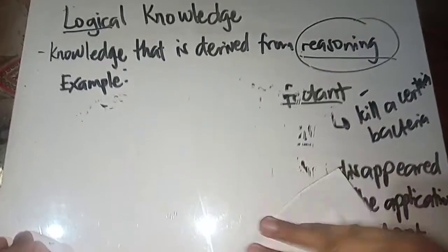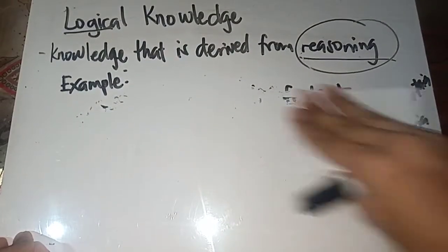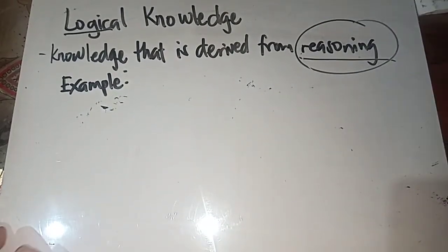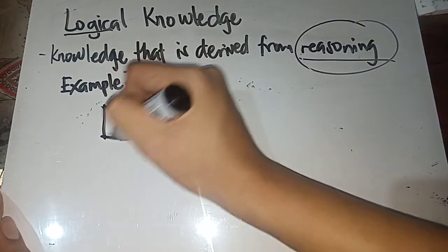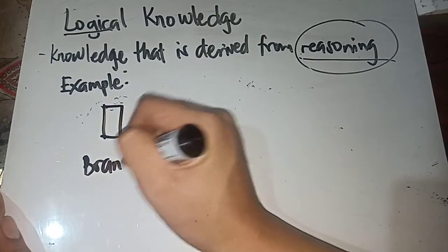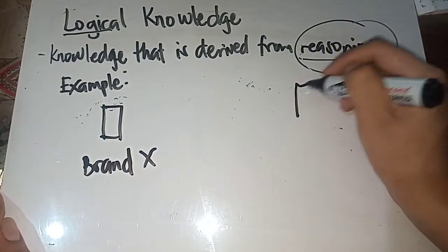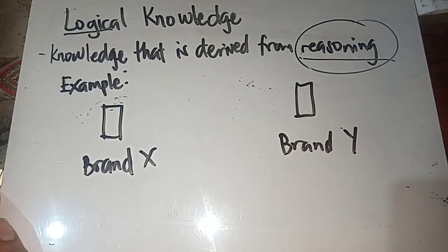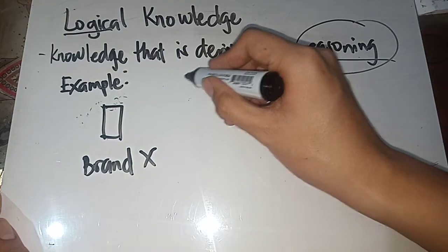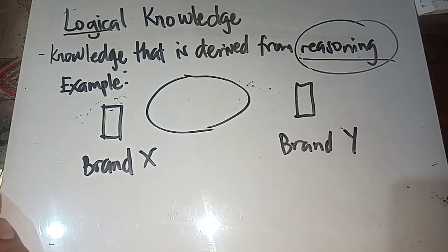Okay, so let's say for instance that there are two disinfectants, brand X and brand Y. Okay, then this will be the petri dish.